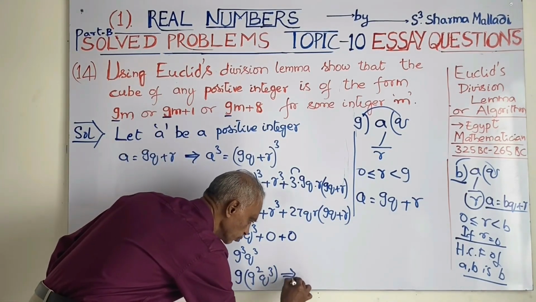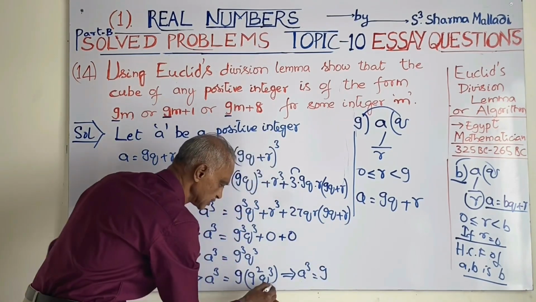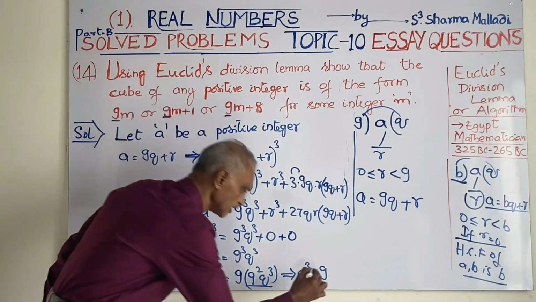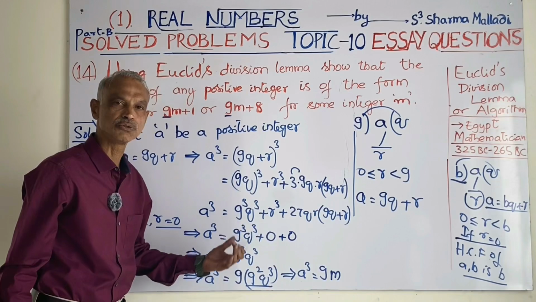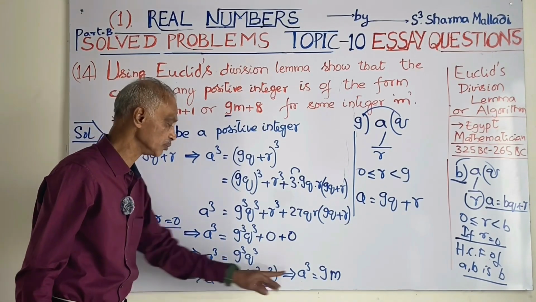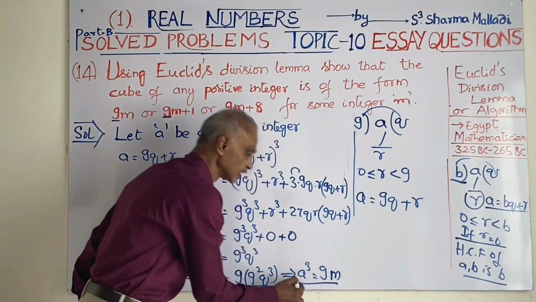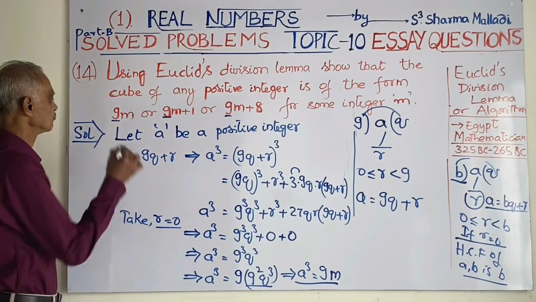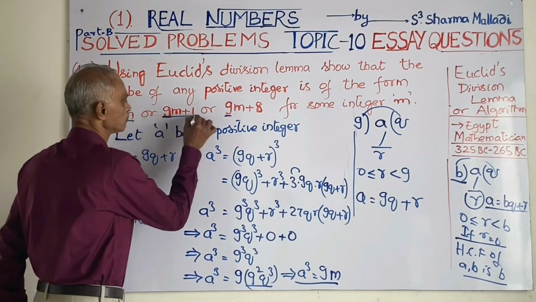Therefore, a cube is equal to 9 into 81 q cube, this can be written as 9m, because 9 square into q cube is a positive integer. That's why a cube is equal to 9m. I wrote the cube of any positive integer is of the form 9m. This is over.